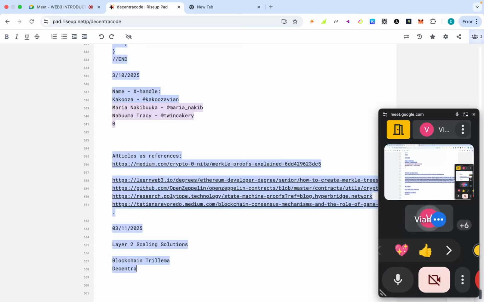So there's a problem. One of them is decentralization. The other is performance, which has been popularly known as scalability. And the last one is security.